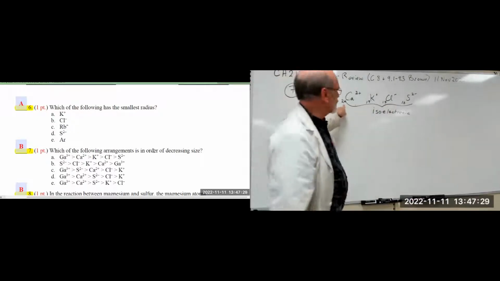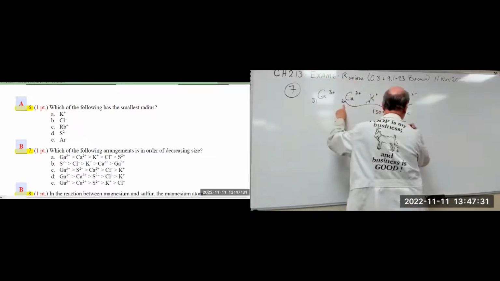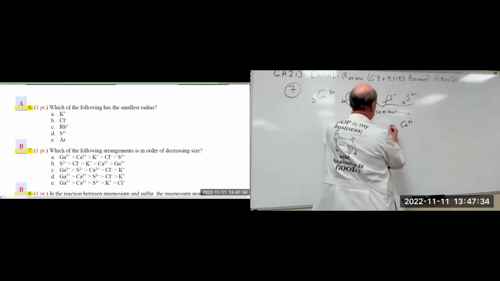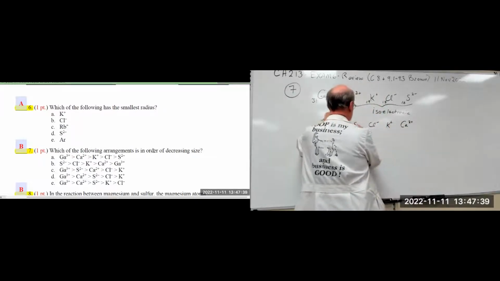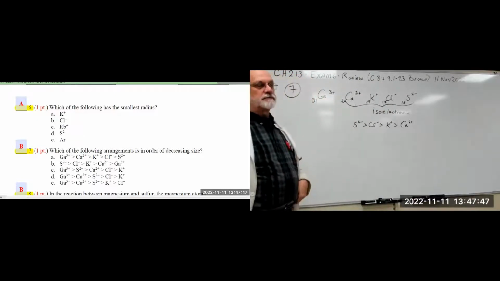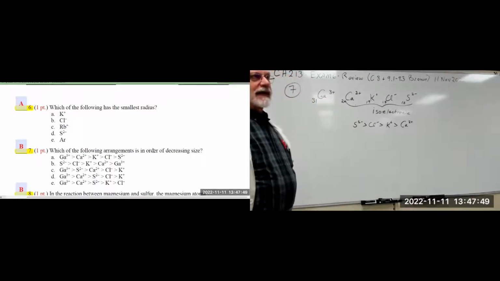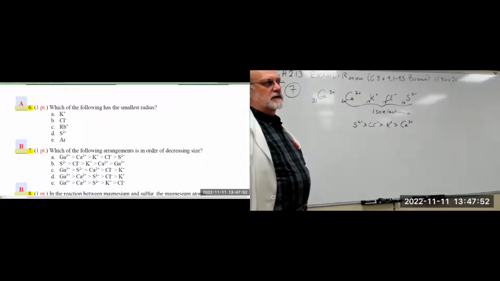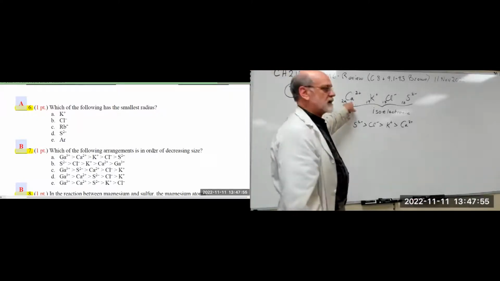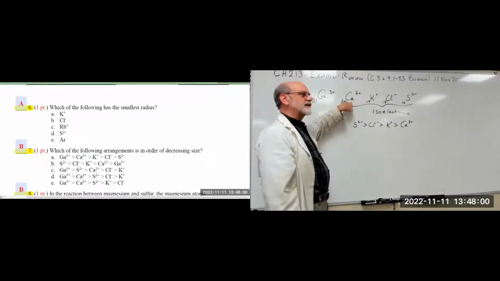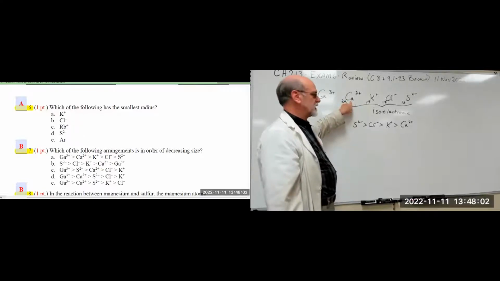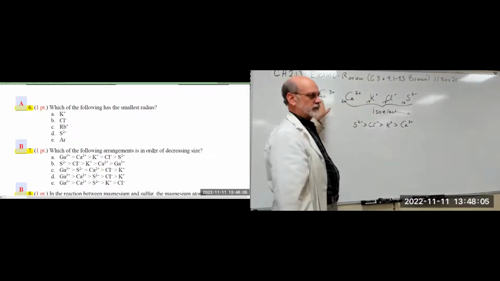So in order of decreasing size, we know that calcium is going to be here, then potassium, then chlorine, then sulfur. Okay, we get smaller and smaller and smaller. Now the trick is, where does gallium go? Gallium has the same valence shells as calcium, but it also has d orbitals.